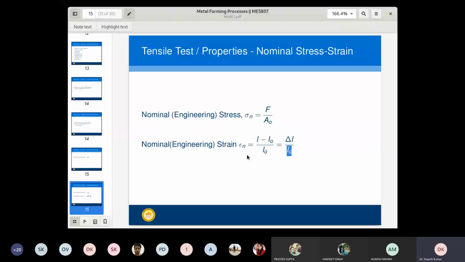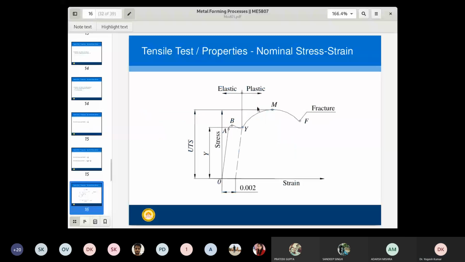Using these nominal stress and strain, we can draw the stress strain diagram of the test specimen. Suppose I'm showing one stress strain diagram which is computed for mild steel.